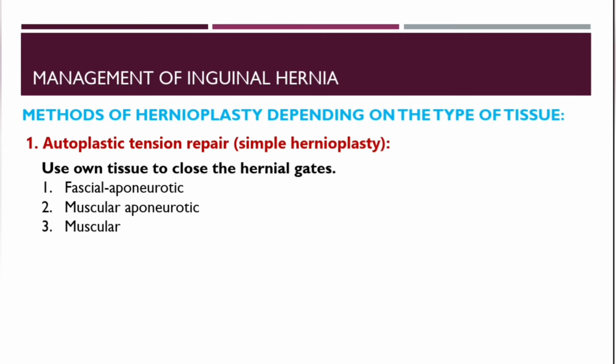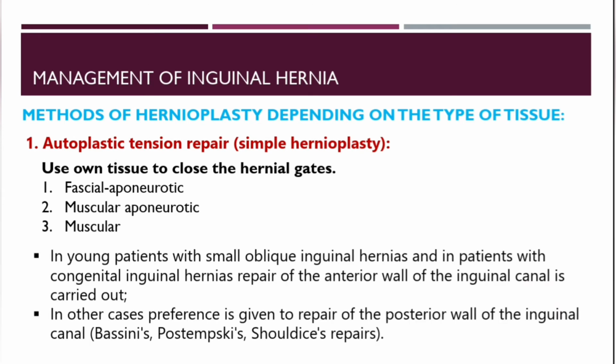So we use a patient's own tissue to close the hernial gates, right? And this can be fascial aponeurotic, muscular aponeurotic, or muscular. This method is used in patients with small oblique inguinal hernias and in patients with congenital inguinal hernias.